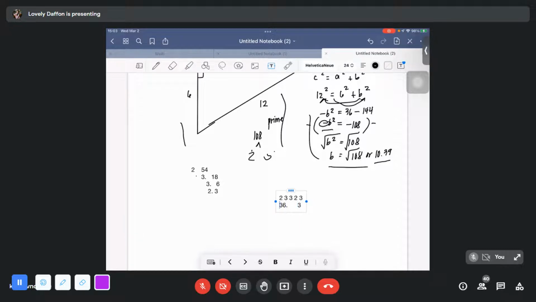Imagine that is square root of 36 and this is already square root of 3. So, in short, sa factor ni 108 nga 2 times 3 times 3 times 2 times 3, ang iyaha karong square roots are, nga na-simplify na, is square root of 36 and square root of 3.